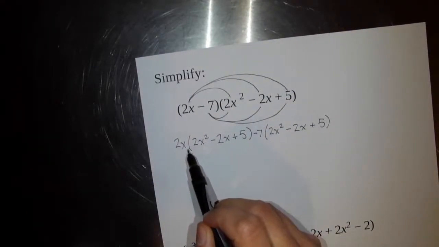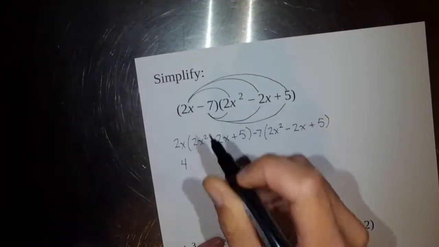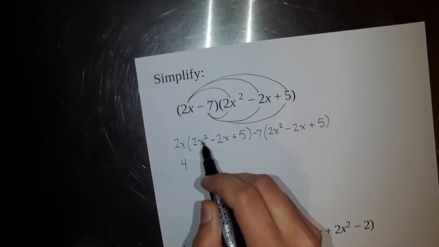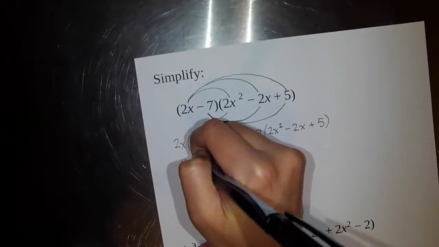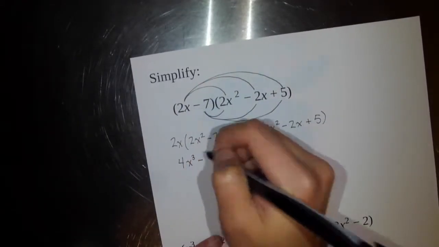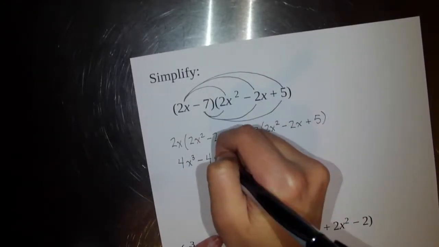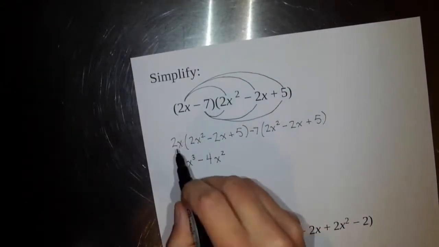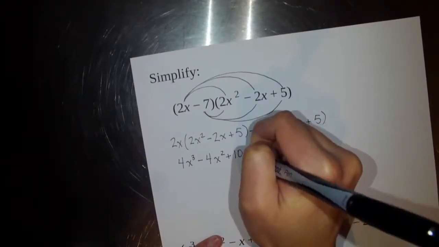So when I multiply, this will come out to be 2 times 2 is 4, and then the exponents we add when we multiply. So this will be x to the third. Minus 2 times 2 again, 4, and then x times x is x squared. And 2x times 5 will give us plus 10x.